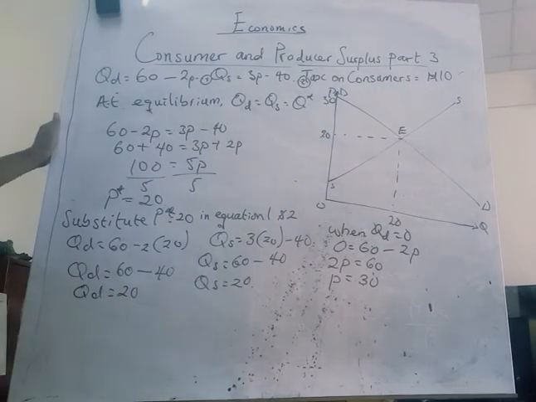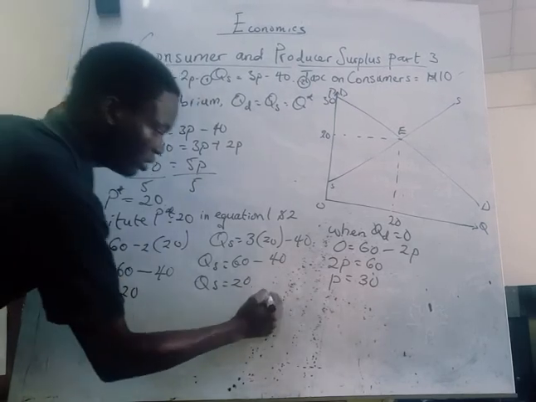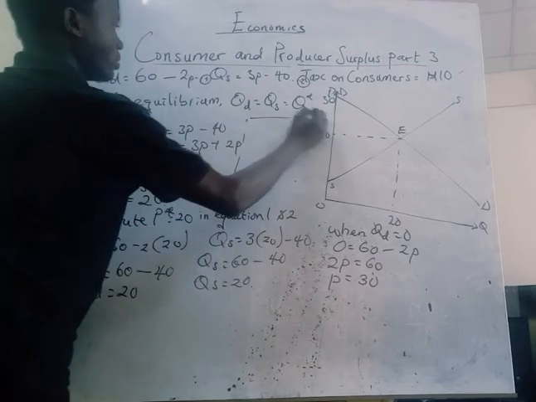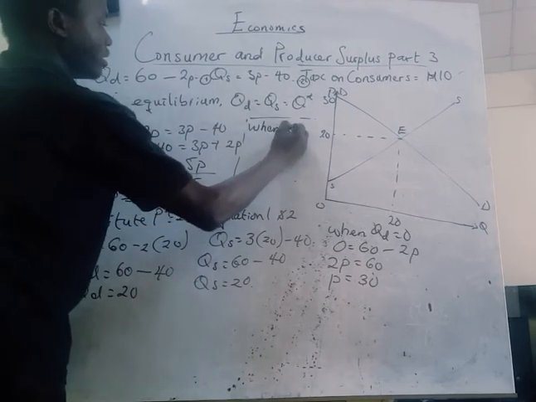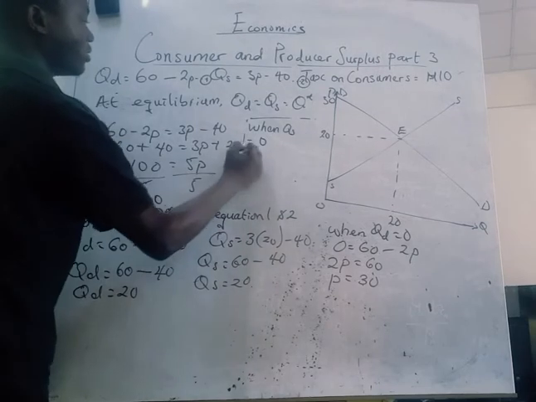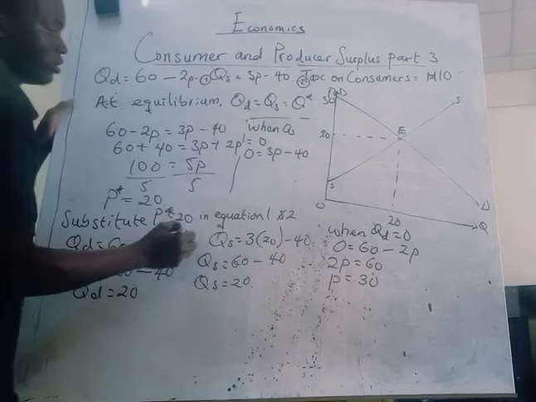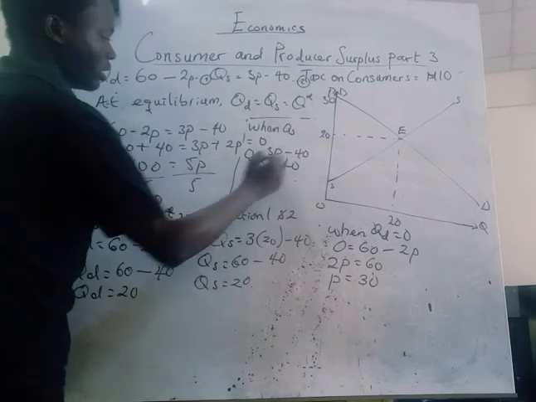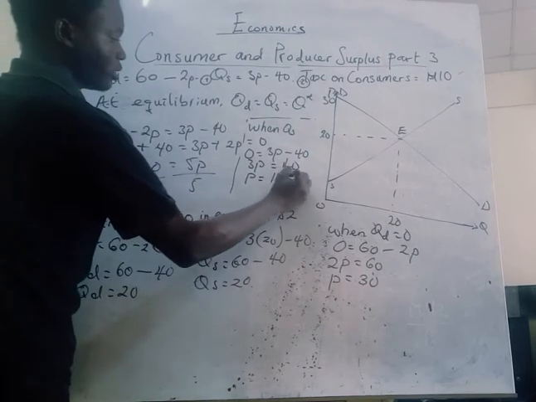Then we do the same thing for the supply function. Let me just write that here. When QS equals 0, we have 0 equals 3p minus 40. So we have 3p equals 40, and then we have p to be 13.33.